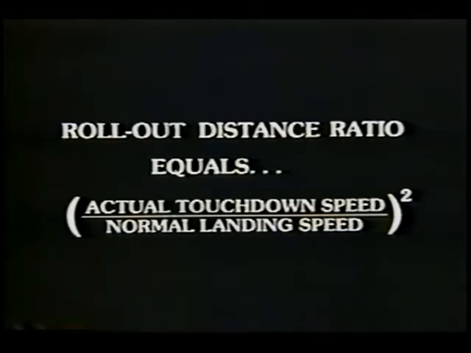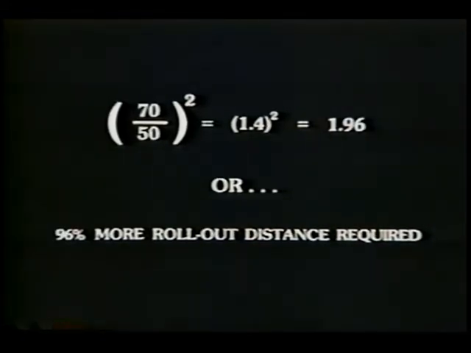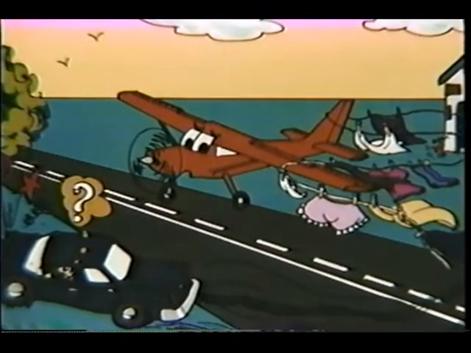Using that formula again, a touchdown made at 60 knots, which would be 10 knots faster than the normal landing speed, can result in the use of 44% more runway on rollout. And if that's not bad enough, flying it on at 20 knots above the normal touchdown speed can add a whopping 96% to your rollout, which might just put you in the next county, and could also be justification for a go-around.